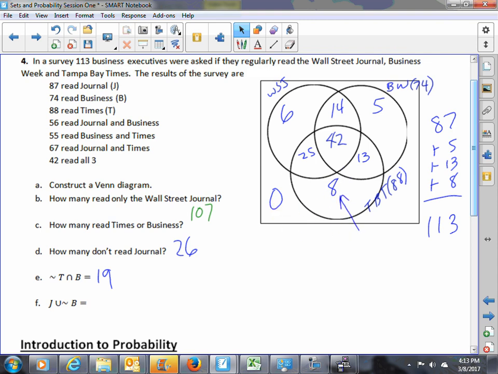So 87 plus 8 would be 95. Okay, now that is an introduction to the concepts of set theory that you're going to need. I'm going to stop this video and then start a third one for the probability.